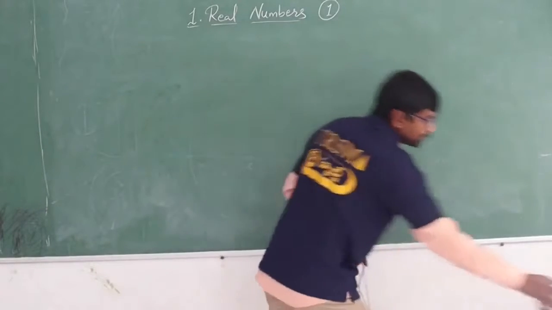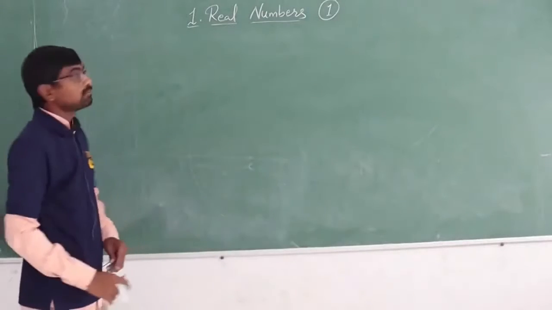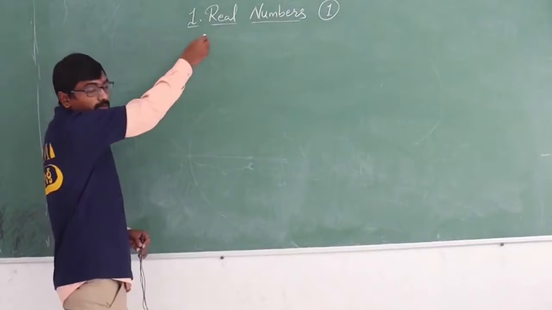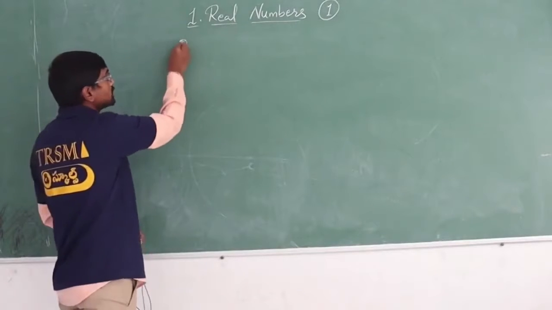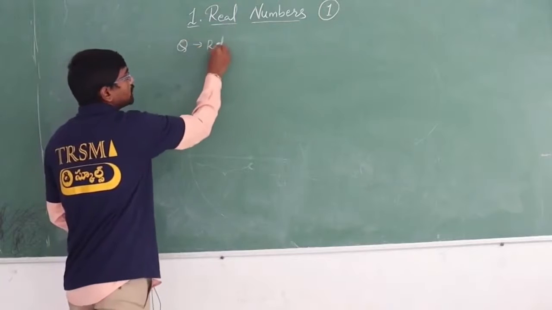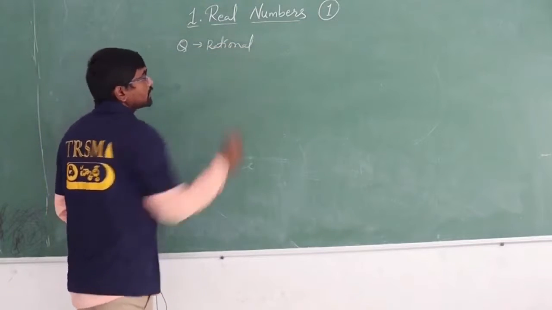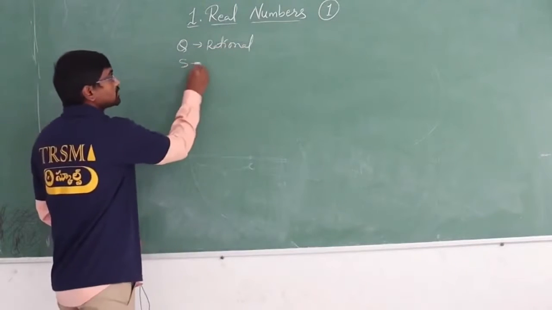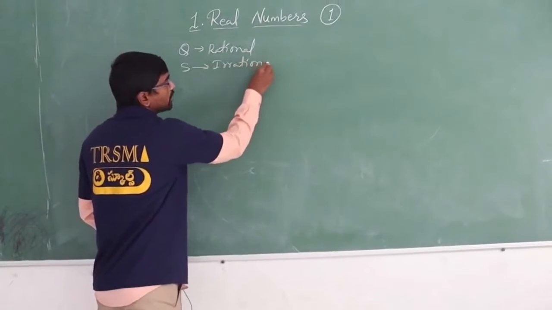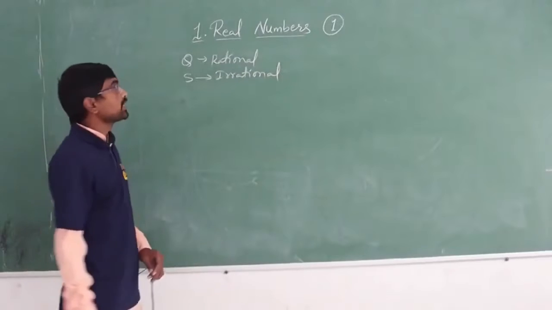Listen carefully. Real numbers are a set of both rational, represented by Q, and irrational, represented by S. It is a combination or a set of both rational and irrational numbers.